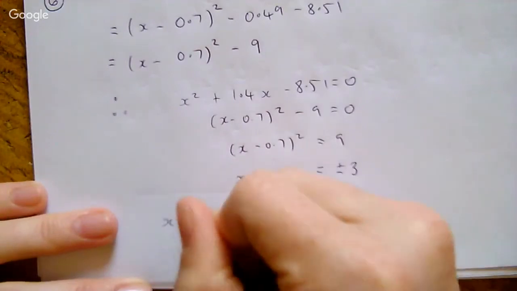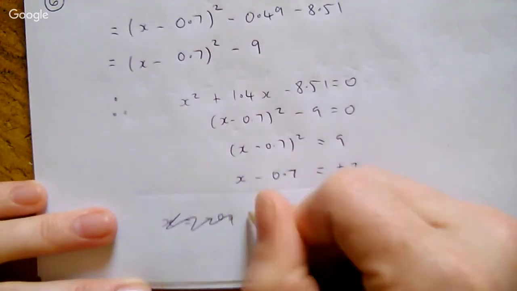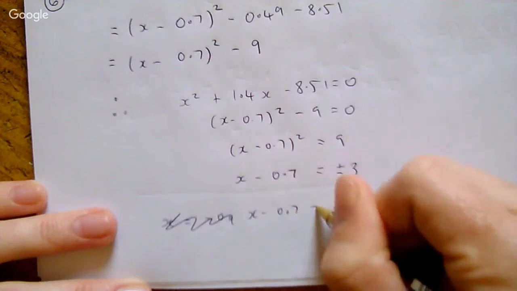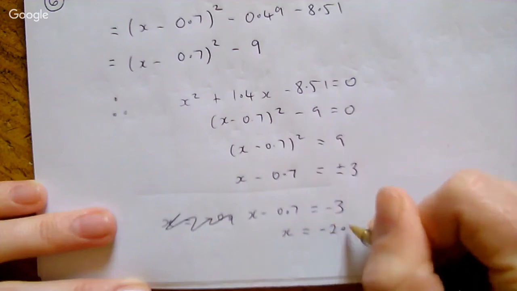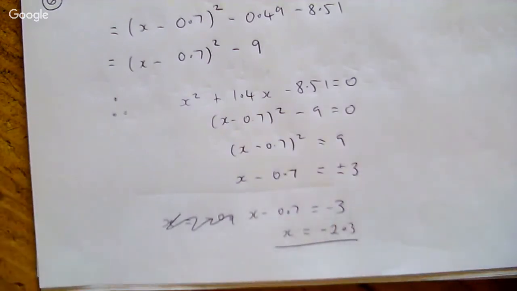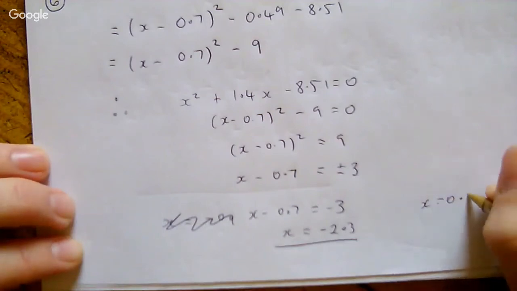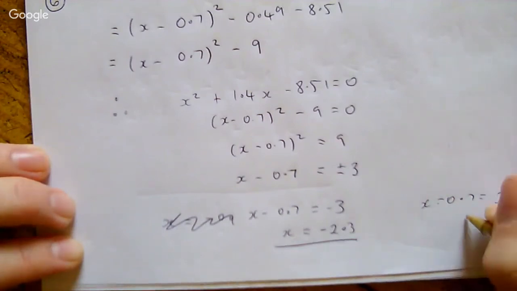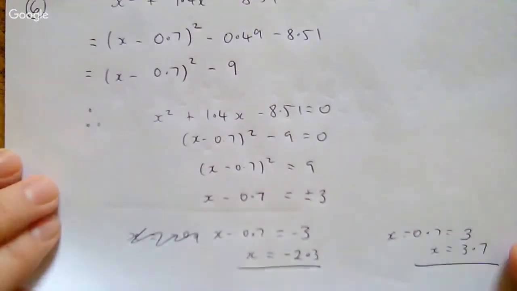So my one answer is going to be x minus 0.7 is equal to minus 3. So x is equal to minus 2.3. Or I could have taken the positive, so x minus 0.7 is equal to just positive 3, so x is equal to 3.7. Okay?